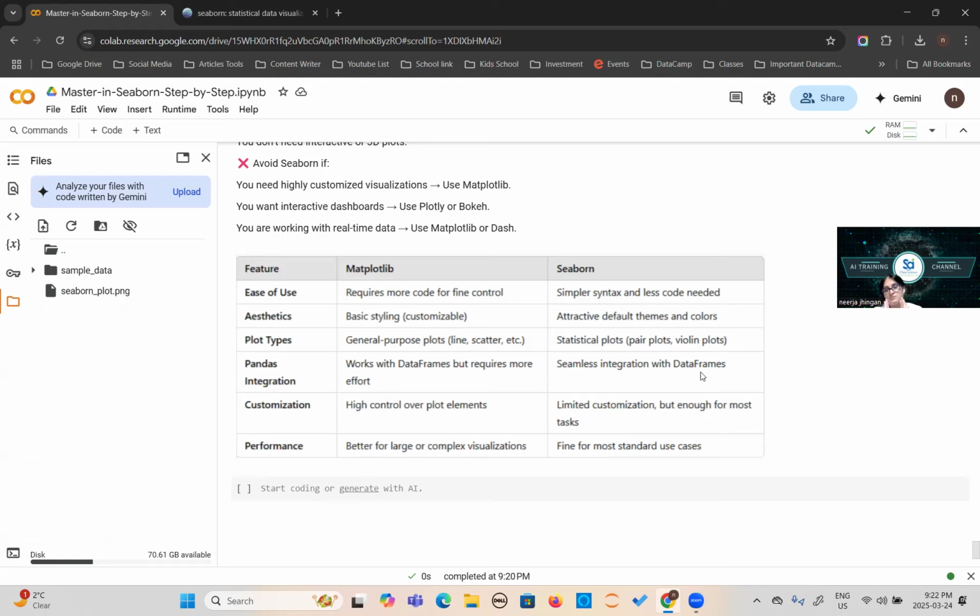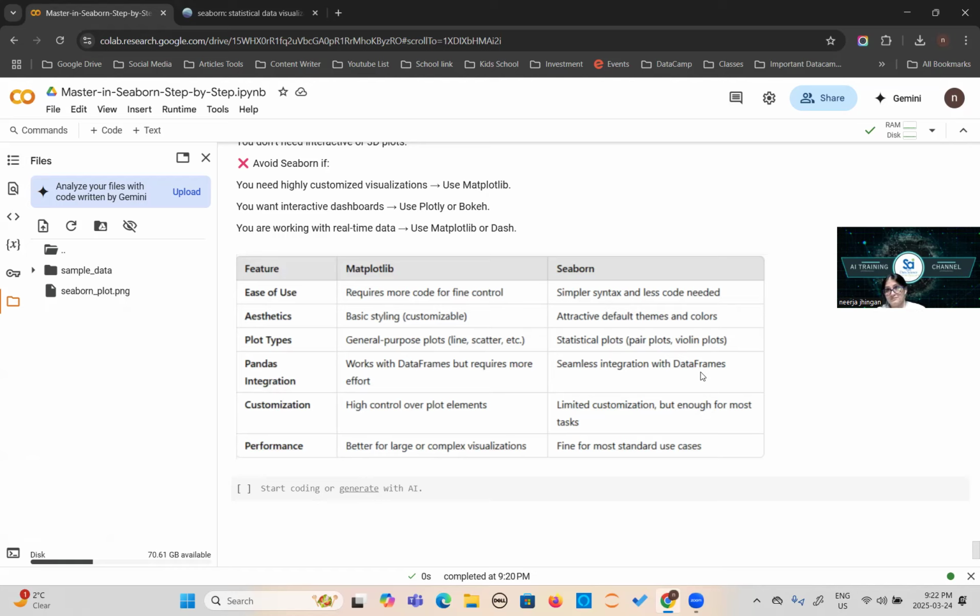Customization: Matplotlib is best because you have full control. You can customize your title, your style, the size of the graph, everything in a very good way. Seaborn has limited customization.